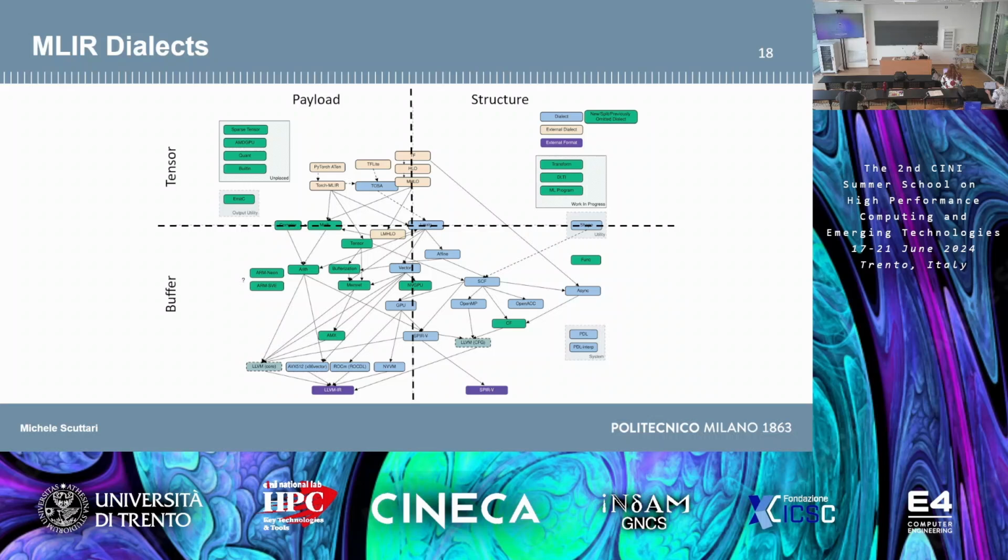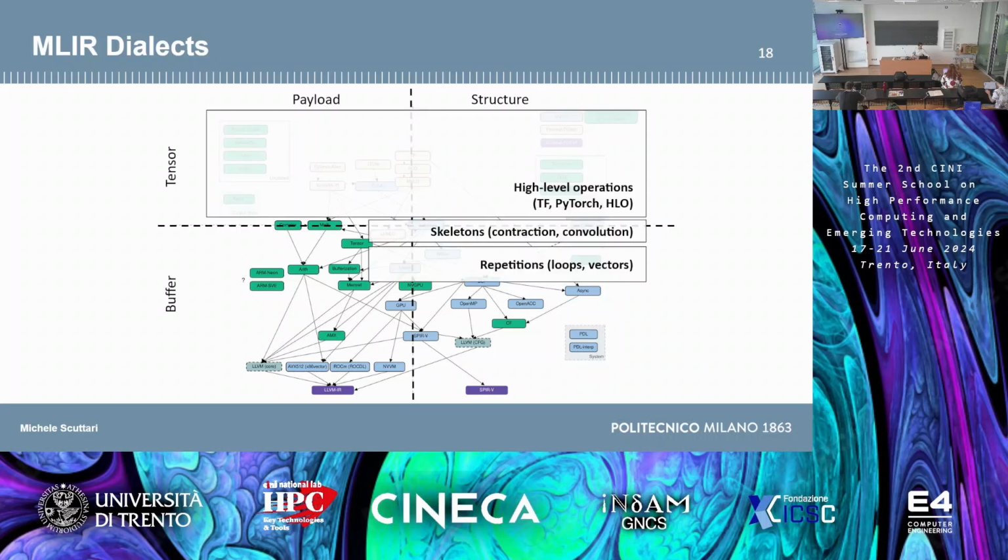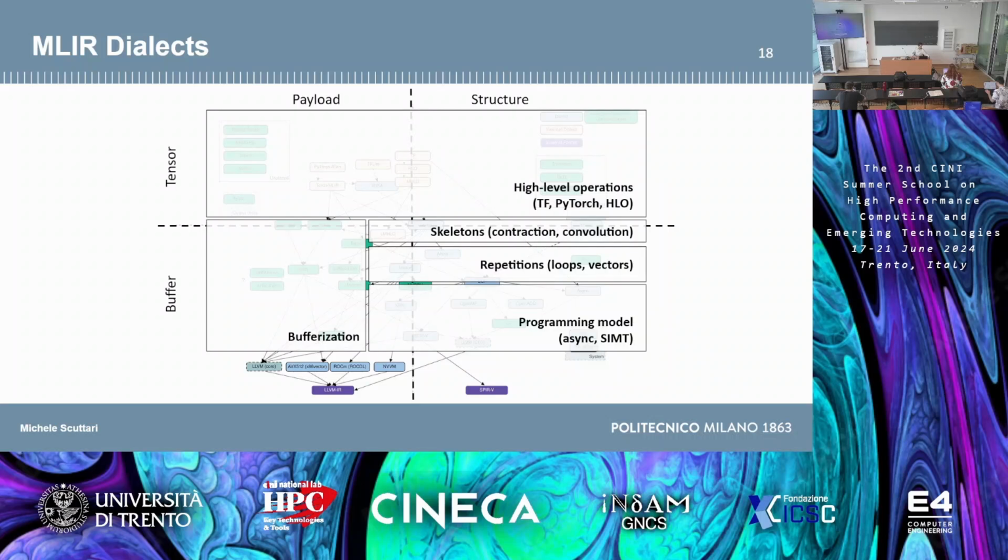So vectorization is the typical case. There are dialects for instance, the ARM Neon, if I remember correctly, yes, and the GPUs, for NVIDIA GPUs, for AMD GPUs, and so on. Okay, this is more or less what I had to say.